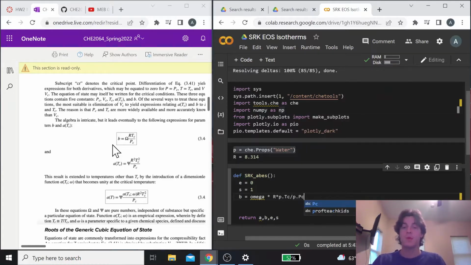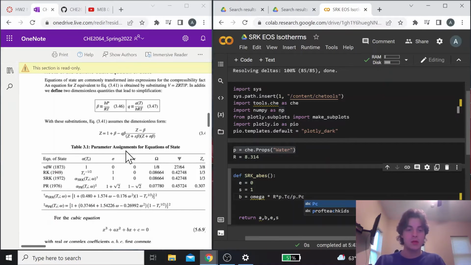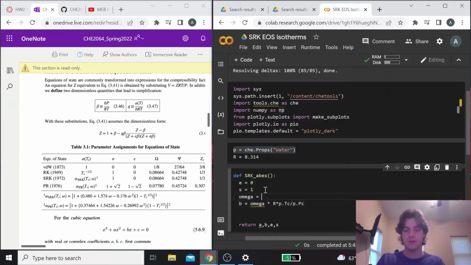Now we need to define omega because this B equation has omega. Scroll down here again, we're going to use this table for SRK. This is the omega value. So omega equals 0.08664.